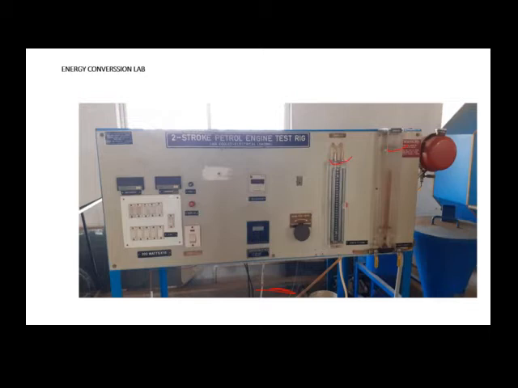This knob is the accelerator to increase and decrease the RPM of the engine, and this shows the RPM of the engine. This is a temperature indicator, here we have a voltmeter and an ammeter, and the switches you see here are the loading switches. Each switch consists of 200 watts, and we have 10 switches. We will see all these in detail separately in upcoming slides.